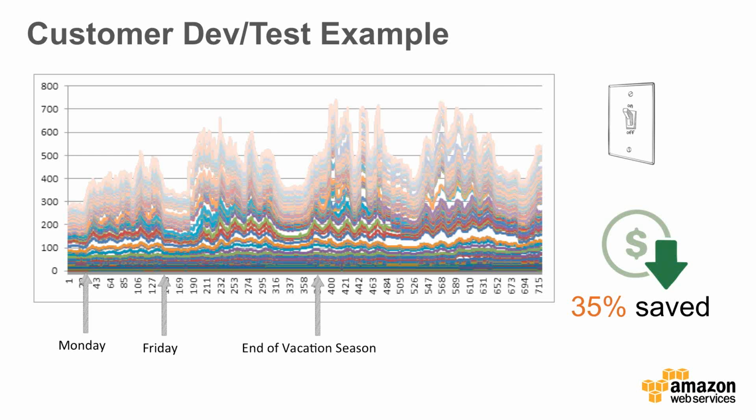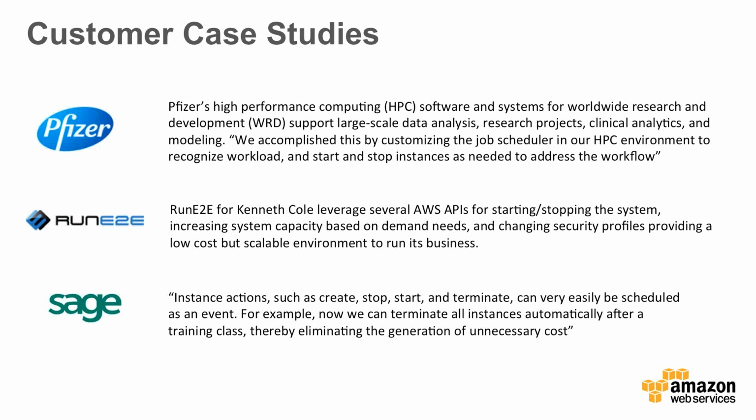And here are some of our case studies from our good customers who have managed to achieve cost savings on running on AWS just by switching off their instances. Pfizer, the pharmaceutical company, runs high-performance computing on AWS and uses a scheduler to stop and start instances as and when they need it to address the workflows.